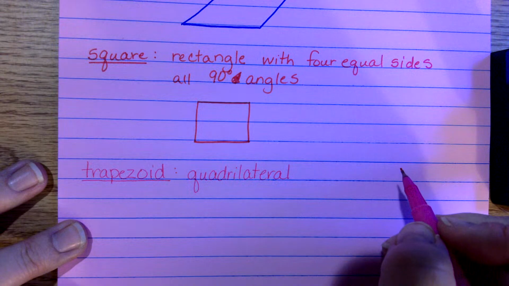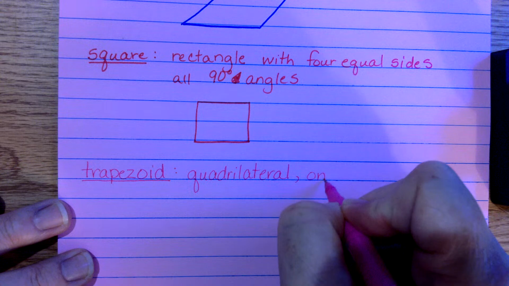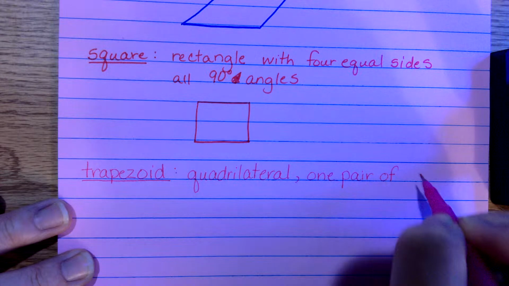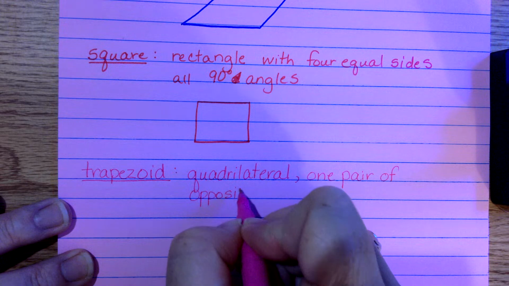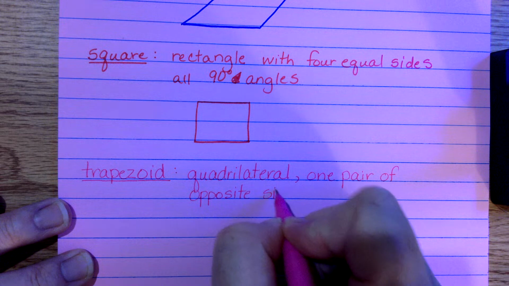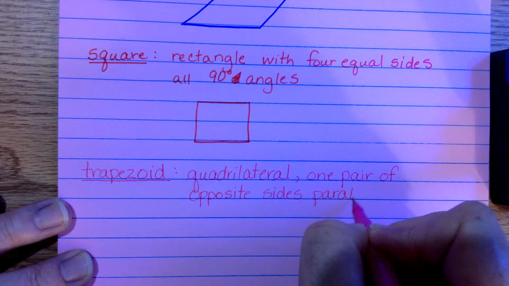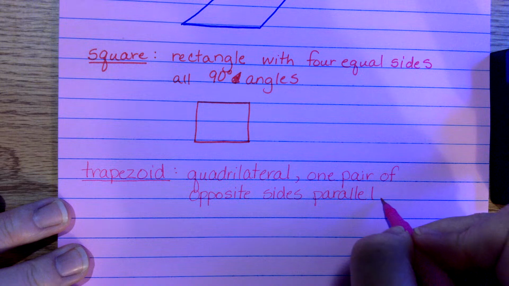Usually one pair of opposite sides that are parallel, and angles that are not equal.